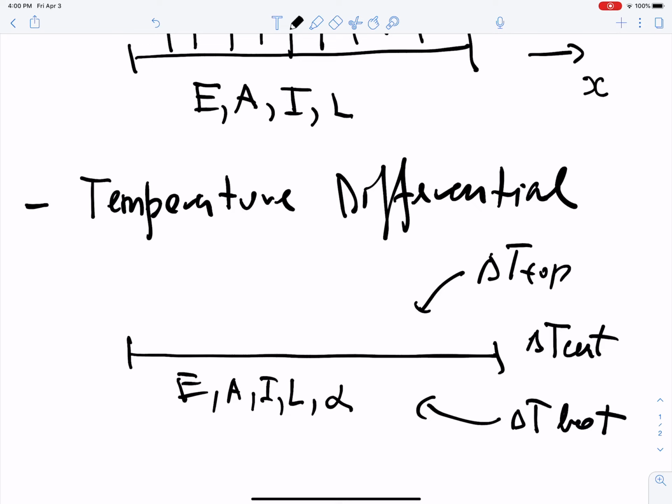Delta T centroid will end up governing the amount of expansion or contraction of the structural member. Delta T top and delta T bottom, the various combinations will basically govern the amount of curvature that the element develops, and as you know, curvatures will then lead to moments. So this is what I'll focus on in this lecture.